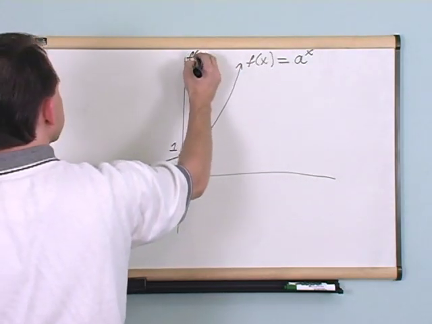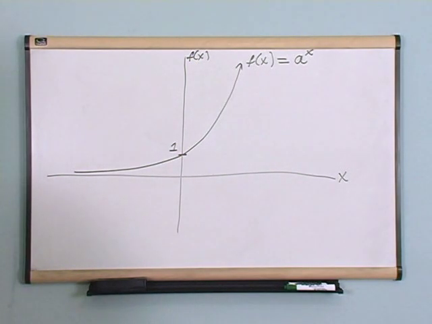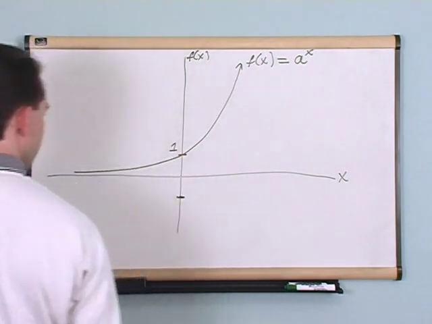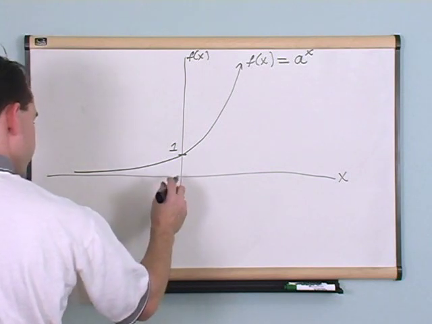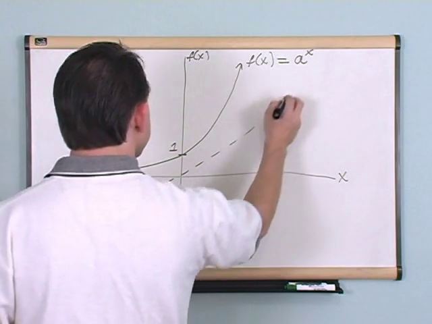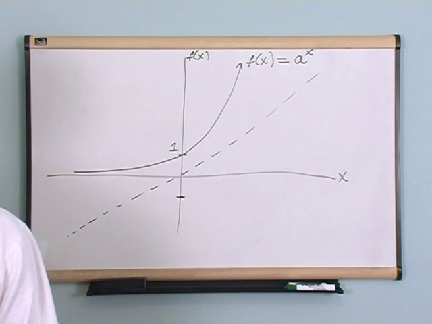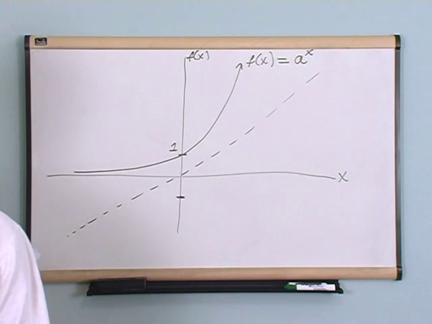This is f of x and this is x. Okay? What I'm going to show you is that if you draw a dotted line at 45 degrees here, like this, the logarithm function is going to look very, very similar.